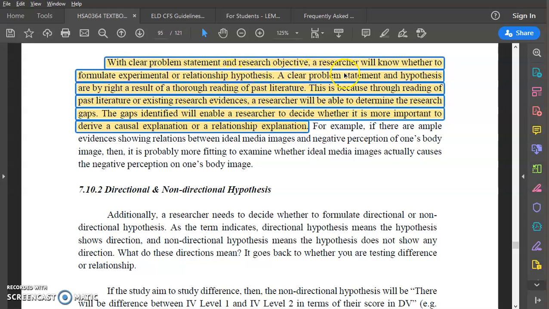A clear problem statement and hypothesis are by right a result of thorough reading of past literature. So literature review and reading a lot of journal articles that are related to your research is very important.